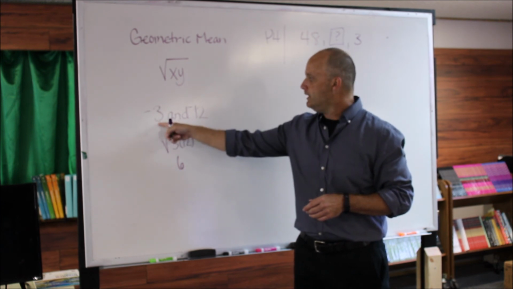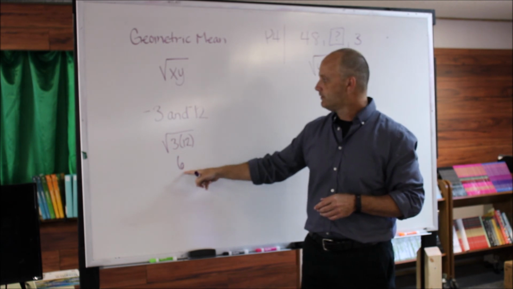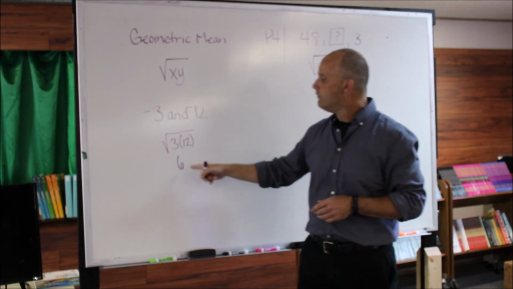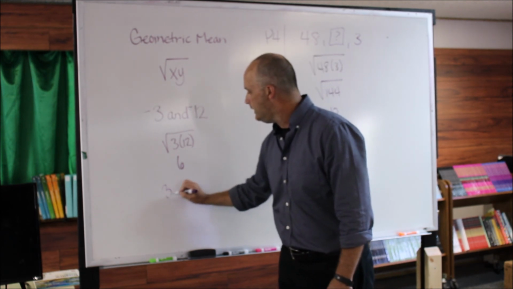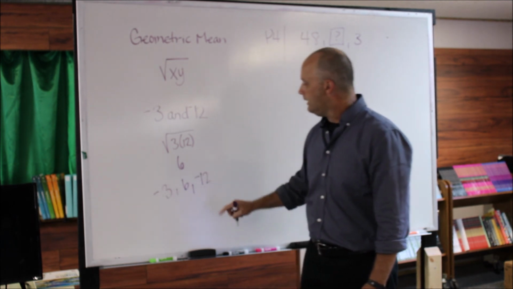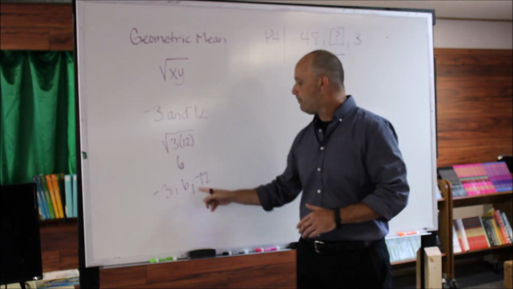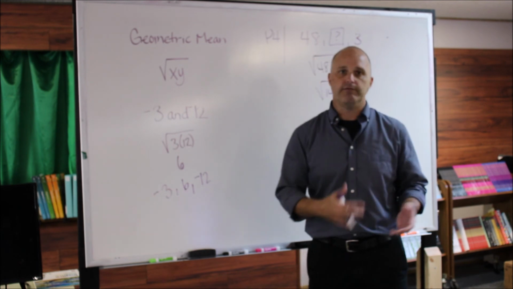So negative 3 times negative 2 gives you 6. 6 times negative 2 then gives you negative 12. So this middle number right here in the sequence, so we've got 3, 6, and 12. If 3 and 12 are negative, you have to have a positive number in between them because you're looking at a common ratio of negative 2.